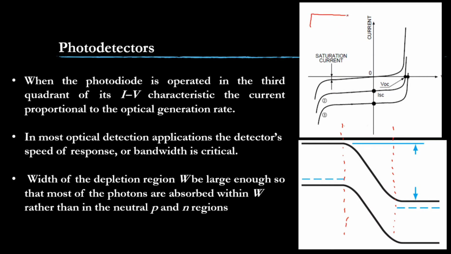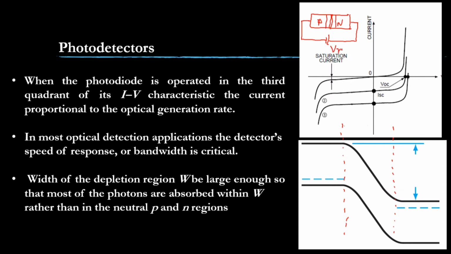For the time being, just assume this is my photo detector diode, a PN, and reverse bias is applied. That means the P side should be connected to N and the N side should be connected to P. So there will be a depletion region over here.